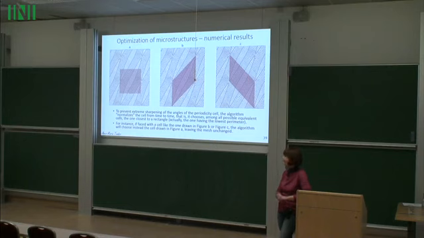I have a question, also about this optimization in the period. I suppose, especially in the three-dimensional case, that must relate to what people do when they try to optimize the lattice structure in metals, for instance, when they want to know which type of lattice is the best type of lattice.